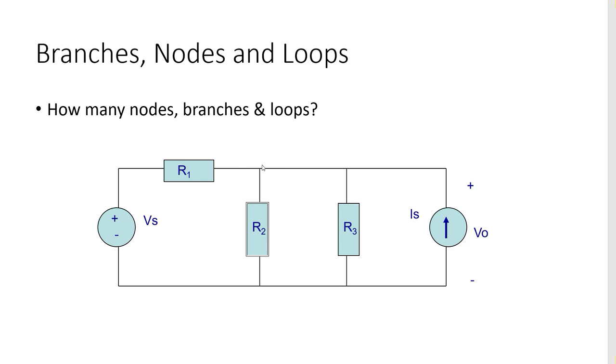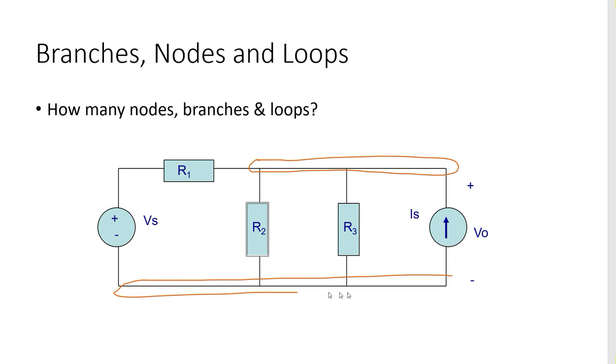So here, if we just encircle this point and this point and this point, we can clearly see that a node is a place where two or more components connect. So 1, 2, 3, 4 components are connected here. So this is our N1. Here they are also connected, so this is our N2. Here they are also connected, this connects with this, so this is our N3. So there are 3 nodes in it.